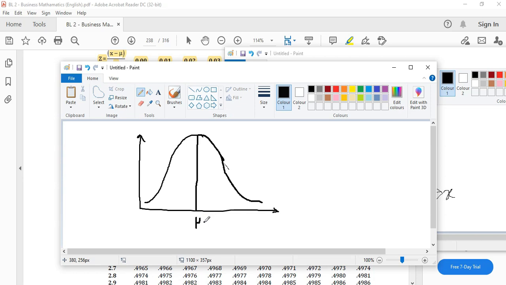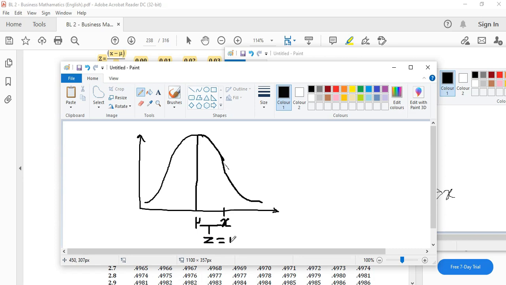Now I said the gap between a particular x value. Let's say the x value is here. Now I'm going to say the x value is here and the gap between these two is only z of 1.98.